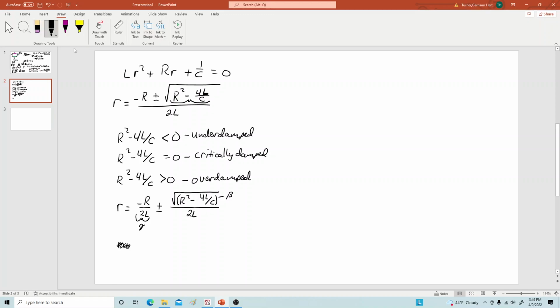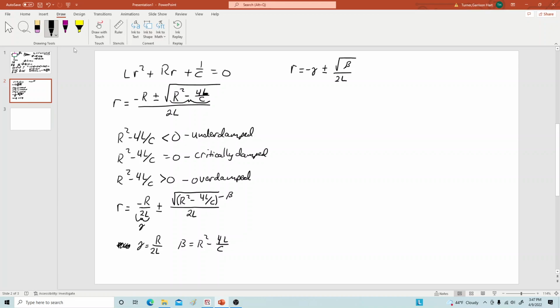So gamma is equal to R over 2L, and beta is equal to R squared minus 4L over C. Then I can write this as negative gamma plus or minus the square root of beta over 2L.